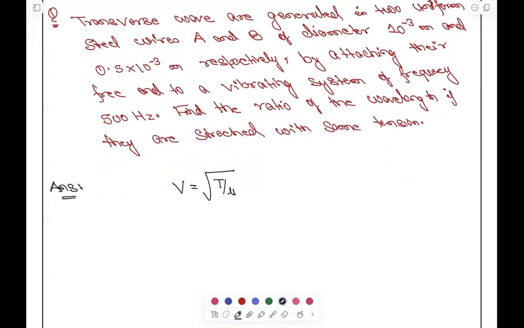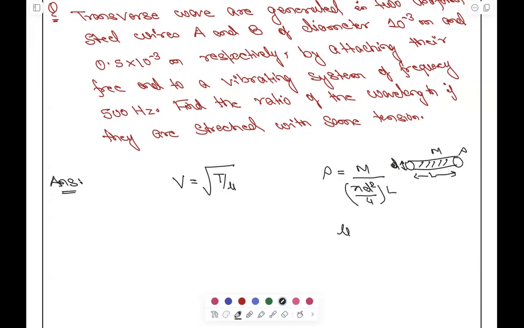Can I say that if mass is m, rho is nothing, is equals to m upon, if diameter is given, pi d square by 4 is the area into L. If this is your rod which has mass m, rho density, this is L, and this diameter is d. This will be rho.